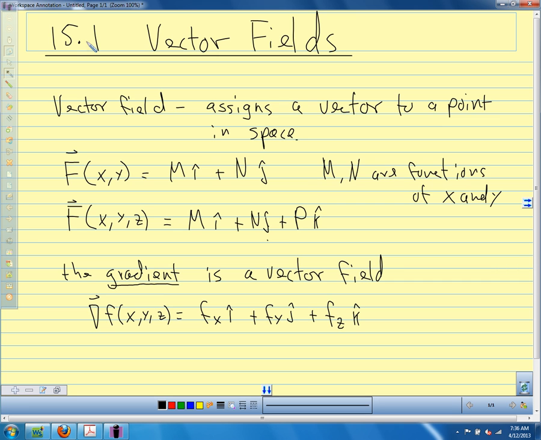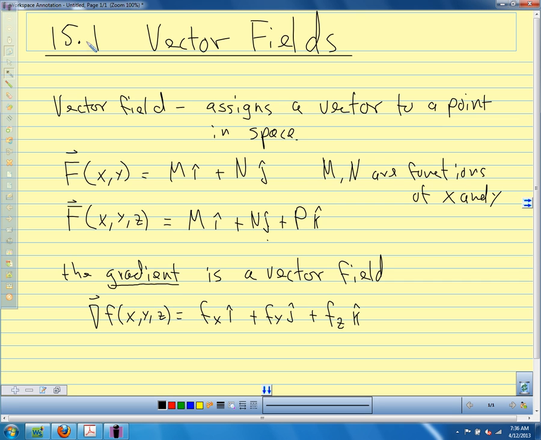One shortcut that we can use is like we did when we talked about level curves, where we look where the function is constant. So for a level curve, we set our function to a constant. That's one way we can visualize a vector field: look where the magnitude of the vector that we have is constant.